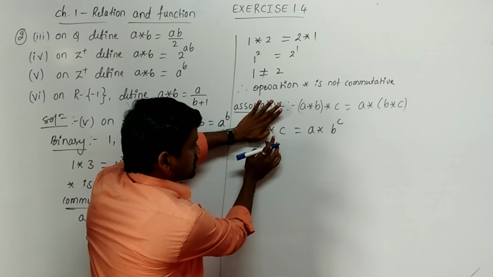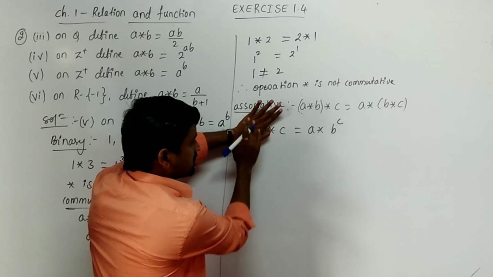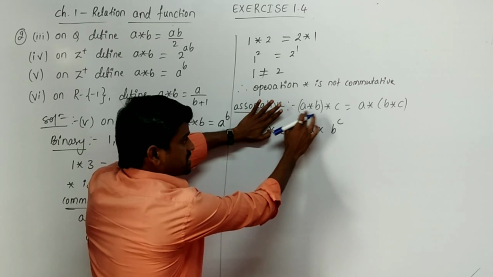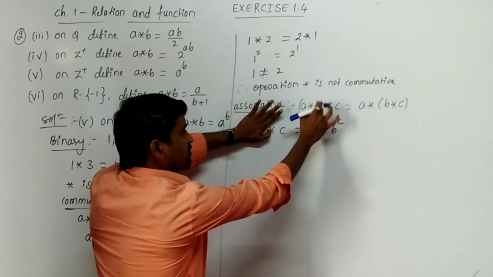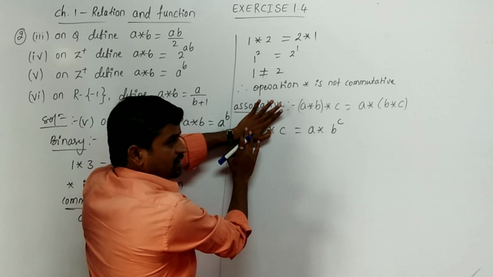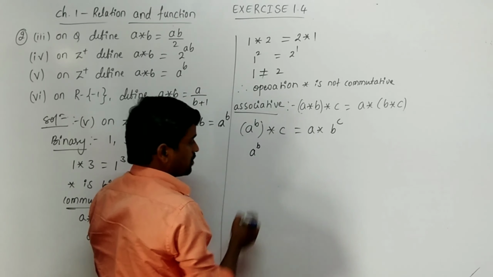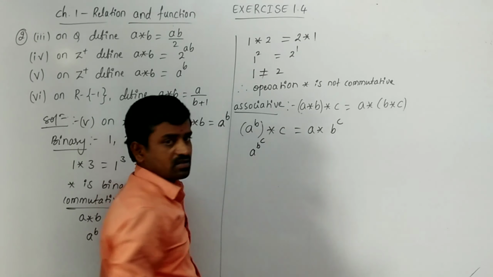This term star C is nothing but this term to the power of C. A star B is A to the power of B, this term to the power of C, so A to the power of B whole to the power of C.